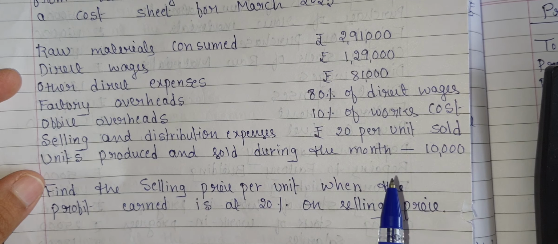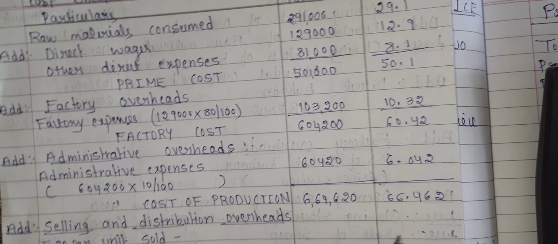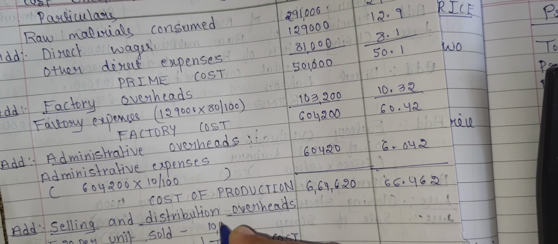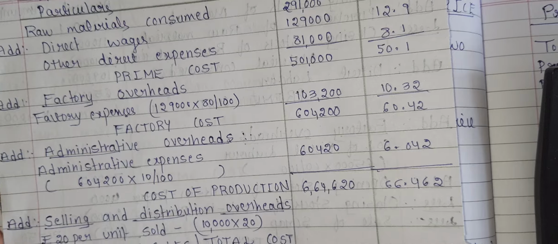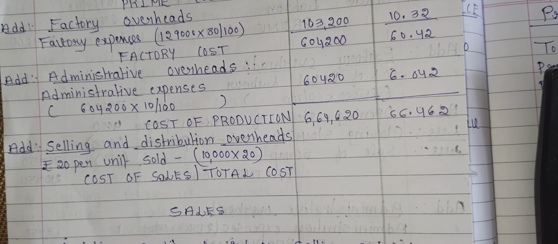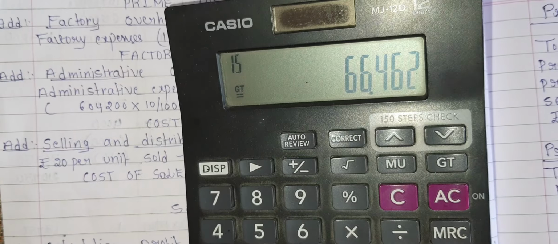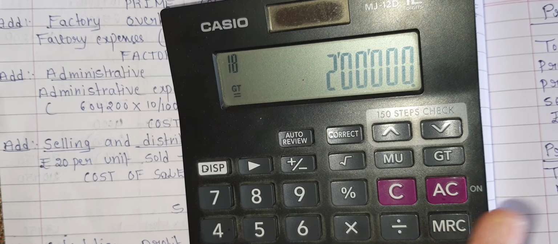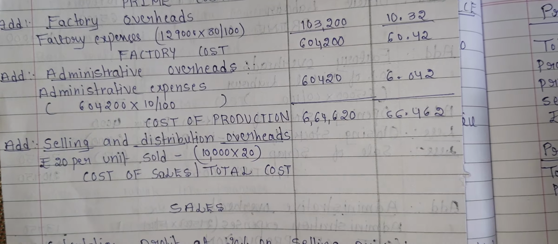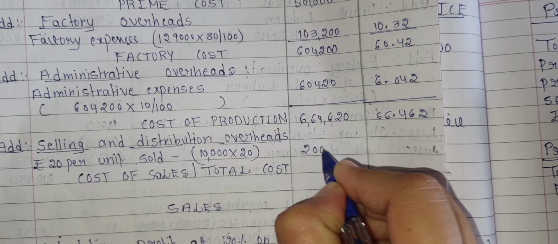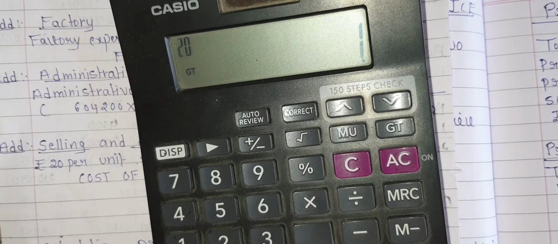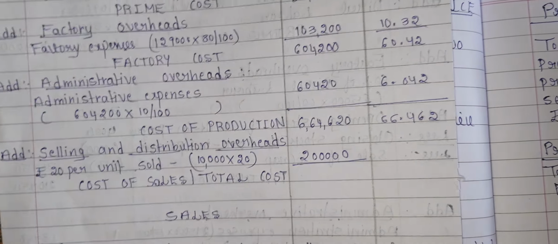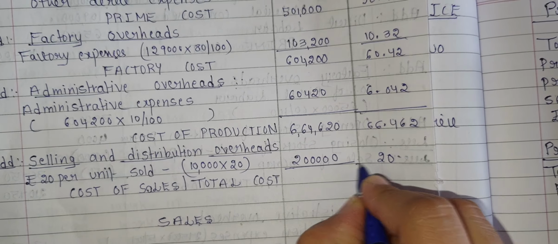For 10,000 how much? So 10,000 into 20 equals rupees 2 lakh. 2 lakh divided by 10,000, rupees 20 is our cost per unit.